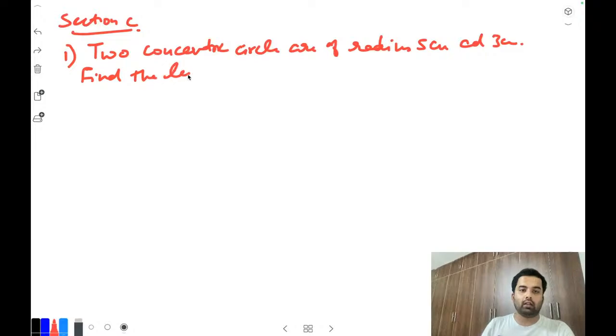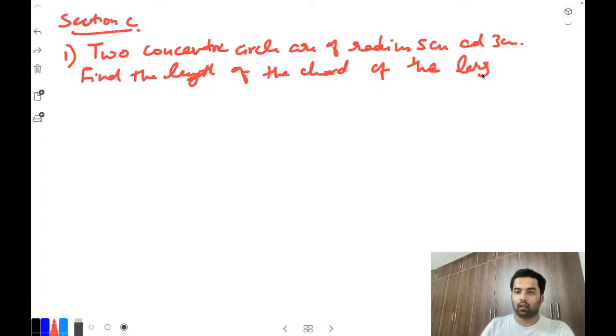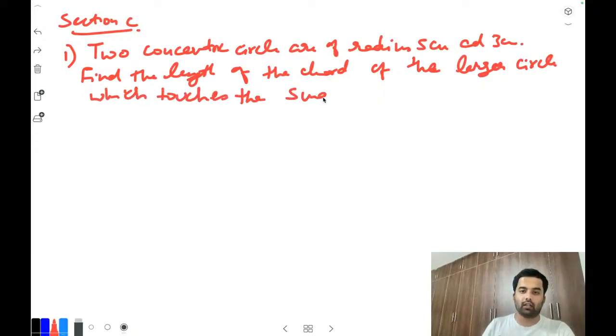Find the length of the chord of the larger circle which touches the smaller circle.